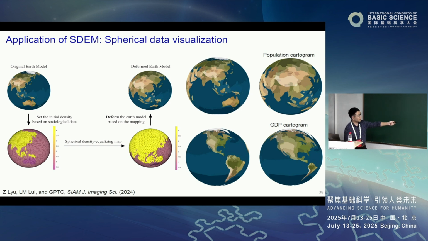So we are given a spherical model representing the Earth, and then we can set different densities at different regions based on different criteria, and then we can deform that, and this will give us the distorted cartogram showing these effects. So essentially, by our method we can extend the data visualization application to the case of spherical visualization, and that would be very helpful for further reducing the distortions caused by the usual projections in usual geographical maps.